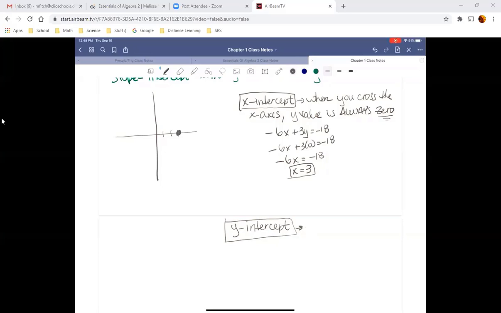What's the definition? X is 0. Yeah, so when the line crosses the y-axis. Right? So where's my y-axis? This one.